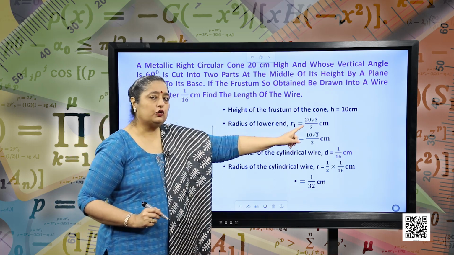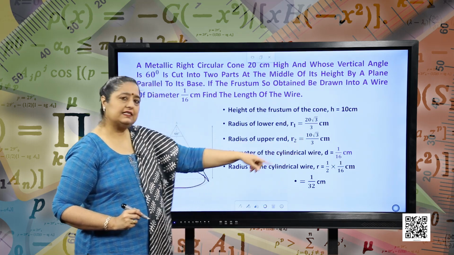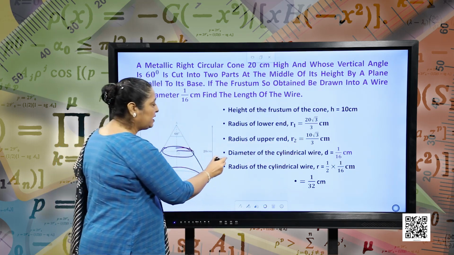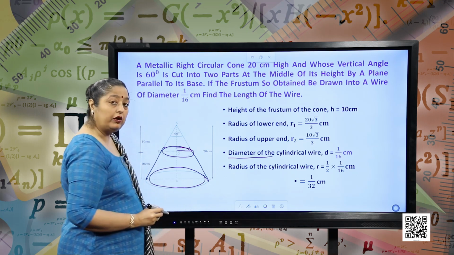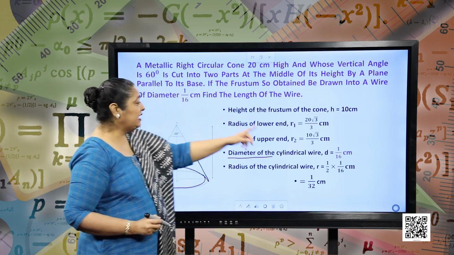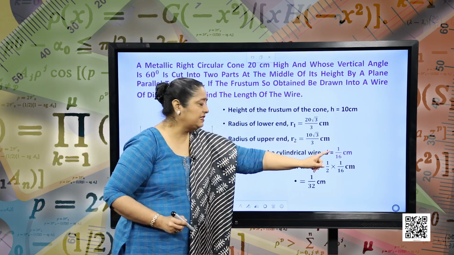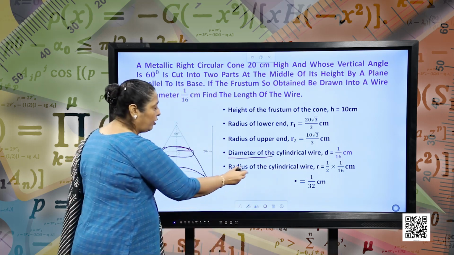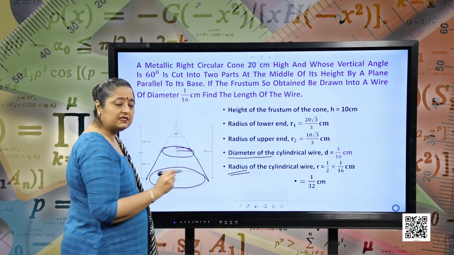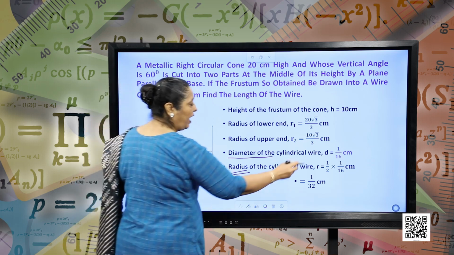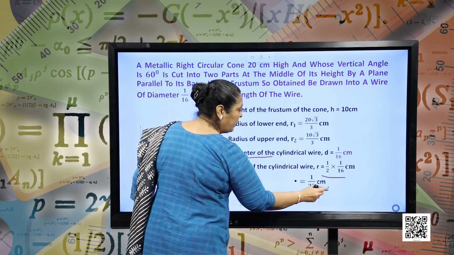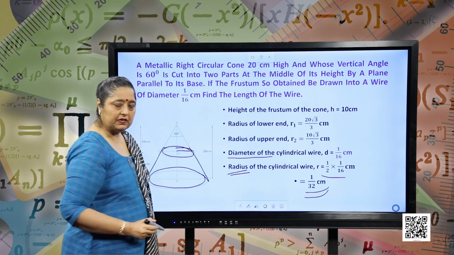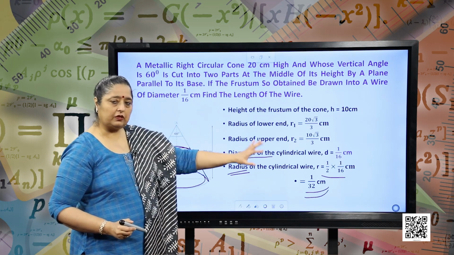It is 10 root 3 by 3 centimeter. So, diameter of the cylindrical wire, we already know it is in the question. D is given as 1 by 16 centimeter. So, the wire is a cylinder, so radius will be half of this, which is 1 by 32 centimeter. We have already found the radius of the wire now.